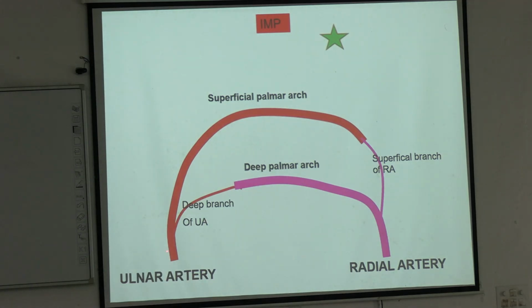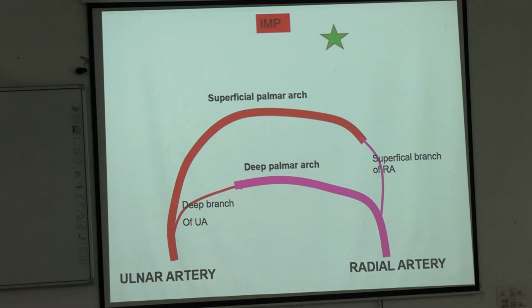The ulnar artery, the main artery, takes the maximum part in superficial palmar arch formation, with a little contribution from a superficial branch of the radial artery joining in and completing the arch. The reverse happens in the deep palmar arch. The majority of the deep palmar arch is formed by the deep branch of the radial artery, and a smaller contribution comes from the deep branch of the ulnar artery, completing the deep palmar arch.